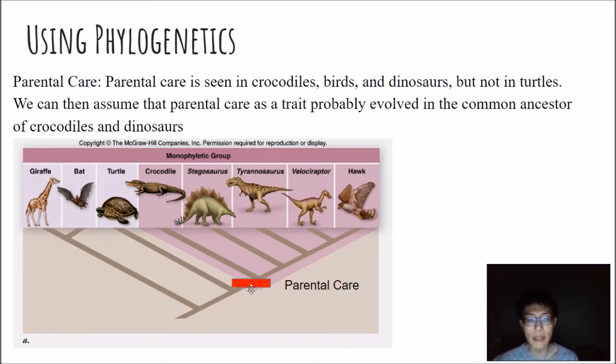And so it probably evolved over here. Whereas if we think that parental care evolved over here and over here independently, that's going to cause a lot more necessary evolutions, which is less parsimonious and therefore potentially less accurate. So when we're looking at polyphyletic, monophyletic, paraphyletic, whatever the case, the phylogeny itself can be very useful in helping determine when certain traits arose evolutionarily.